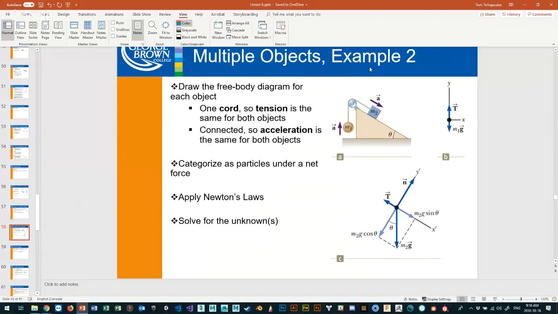Same thing here. You have some kind of pulley, but now you have an object that's on some kind of grade or incline. And what do you do here? Again, if I was going to draw the free body diagram, you can draw one for mass 1, which is this one. That's the free body diagram for this one. And this is the free body diagram for this one, just like it was on an inclined plane, right?